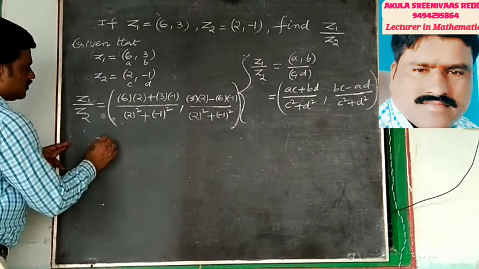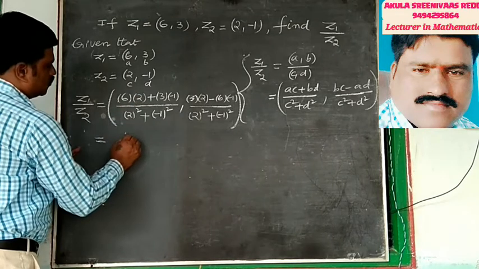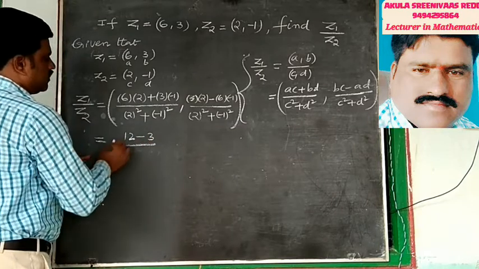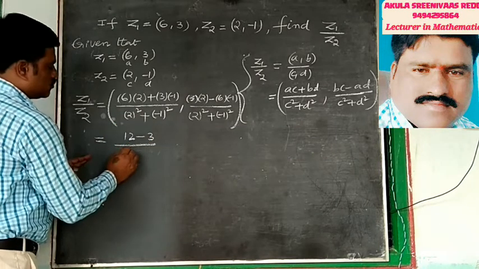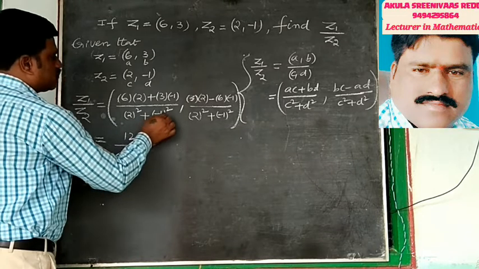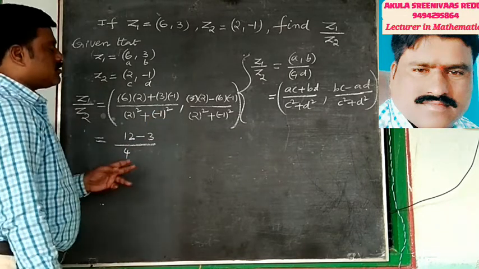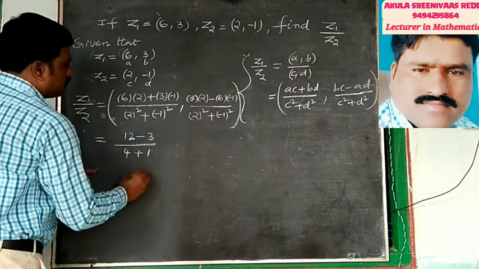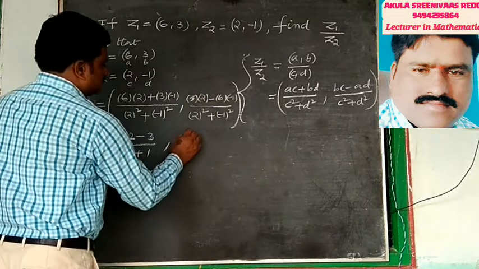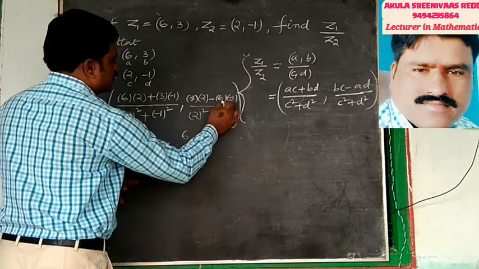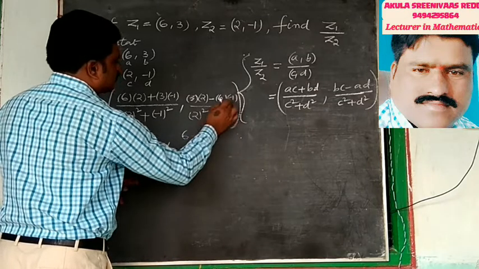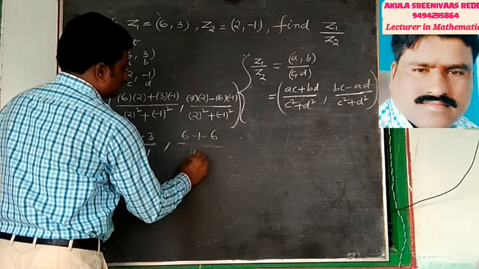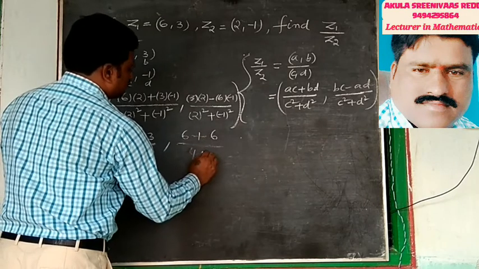Now we calculate: 6 2s are 12, 3 into -1 is -3, by 2 square means 2 into 2, 4, plus (-1) into (-1), minus into minus plus, 1. 3 2s are 6, minus into minus get plus, 6 into 1, 6, by 4 plus 1.